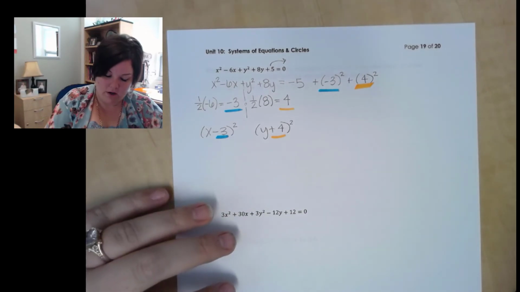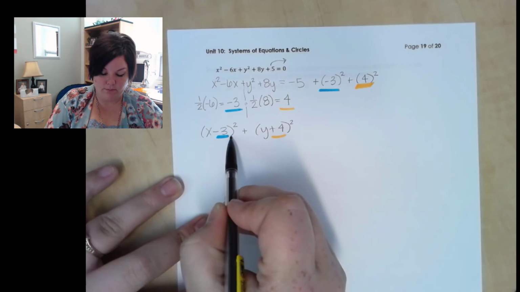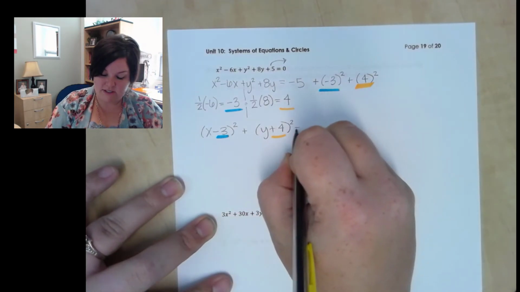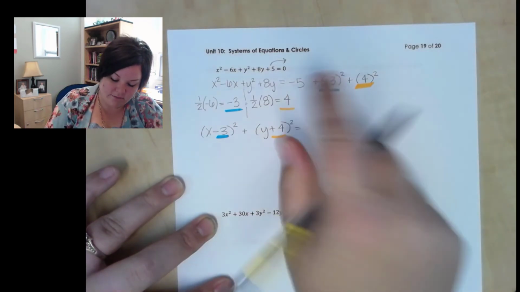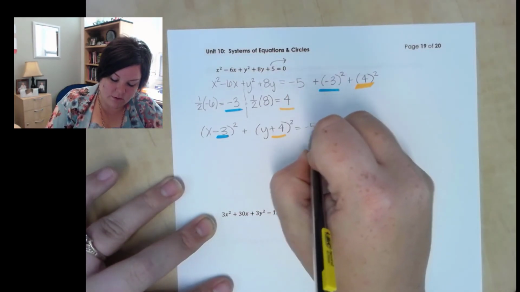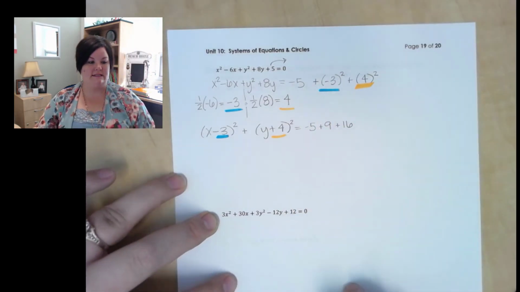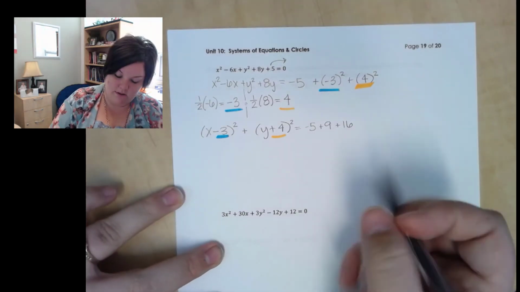All right, so here's what we end up with. x minus 3 quantity squared plus y plus 4 quantity squared equals, and then we just have to simplify what's over here on the right-hand side. So we have a negative 5, a positive 9, and a positive 16. We just need to simplify those values.